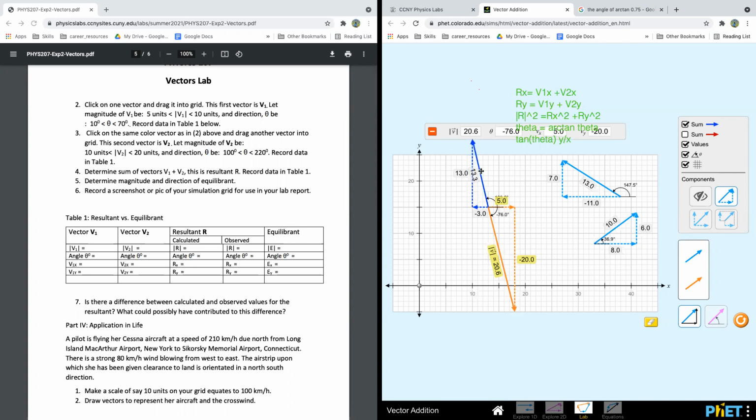And you have to make sure that the lengths are equal to each other, 13.3. So this is an equilibrant. Let's say this is 13.3, this one should be 13.3.